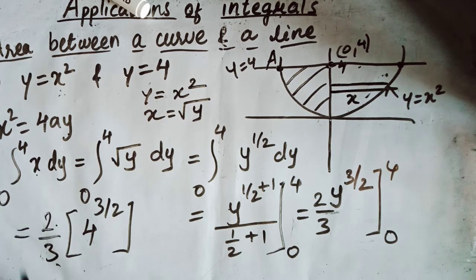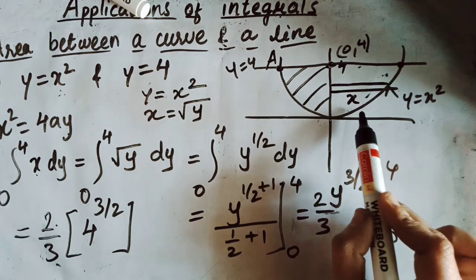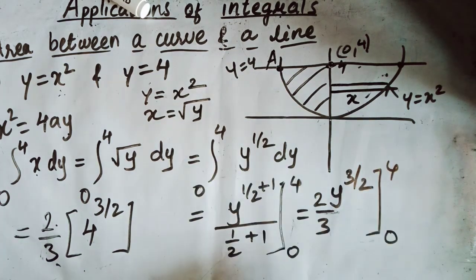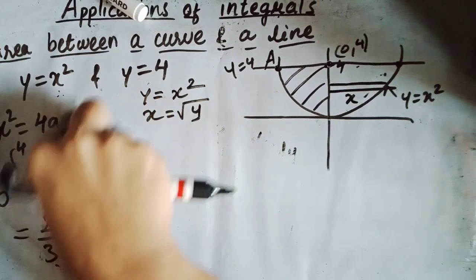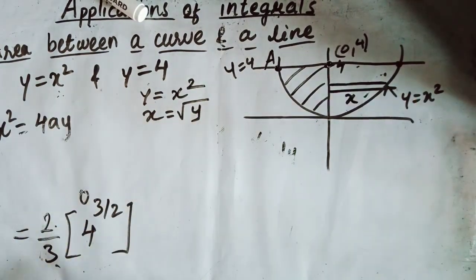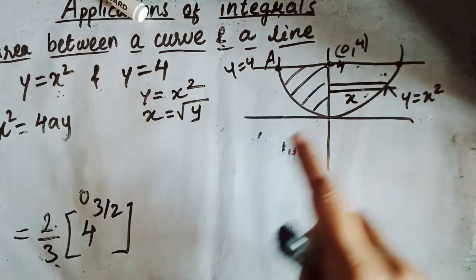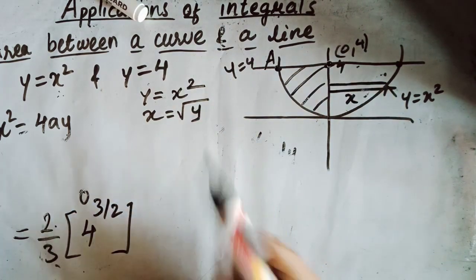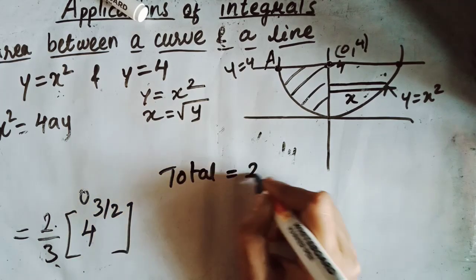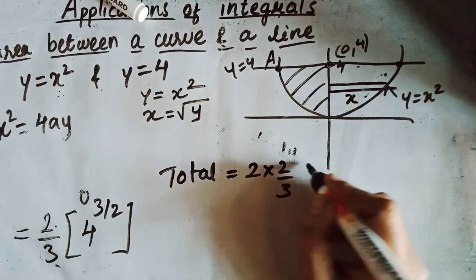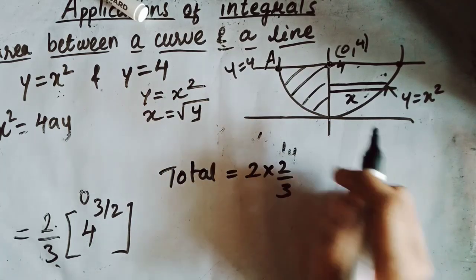Now this answer is only for the first part, and we have two parts, so for both I will have to multiply by 2. So the total area is 2 into 2 by 3 into 4 raised to 3 by 2.